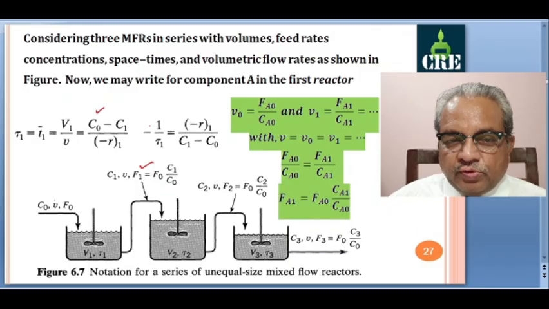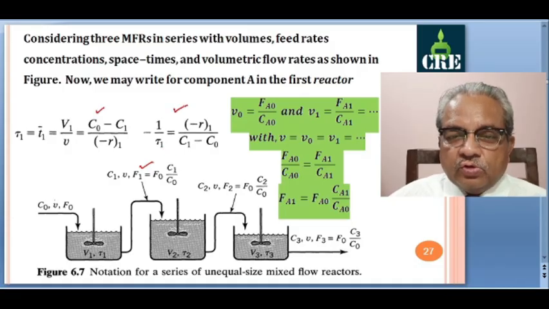So this we can rewrite as, if you invert this and change this minus sign, take it outside and write it as C1 minus C0 and transfer that minus sign to the other side. So what you get here is minus 1 upon tau 1 is equal to minus R1 divided by C1 minus C0.